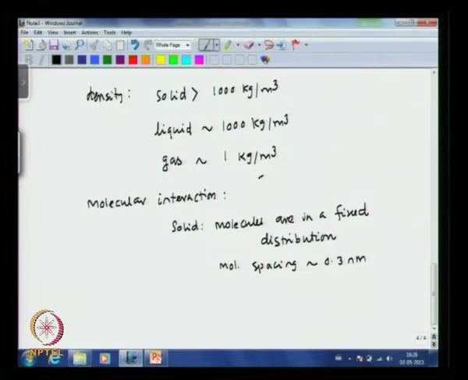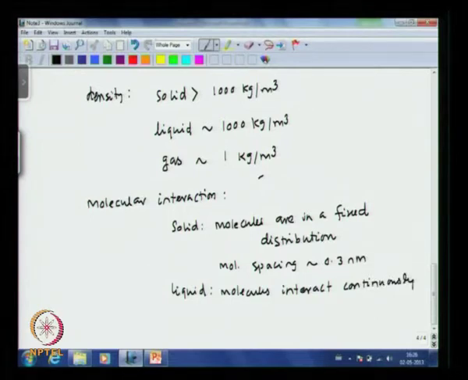Okay. In liquids, the molecules interact continuously and their molecular spacing is also of the order of 0.3 nanometer.